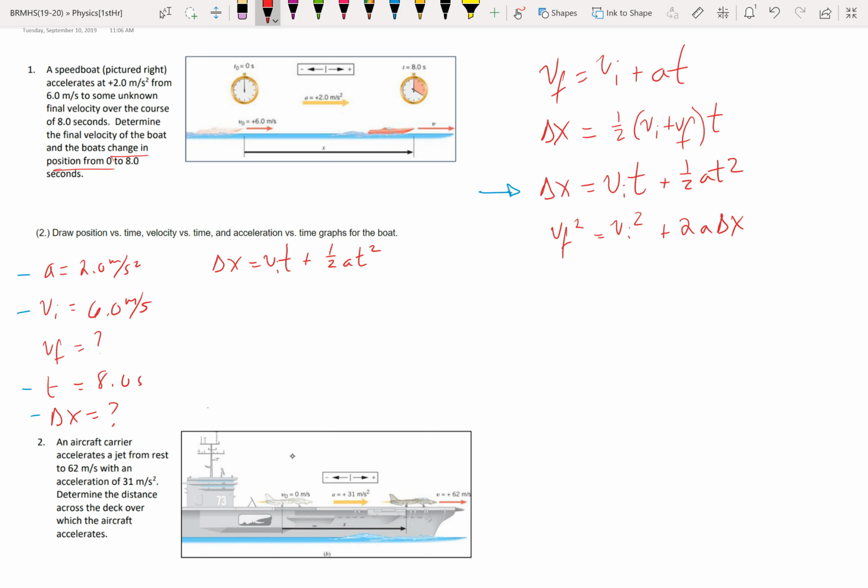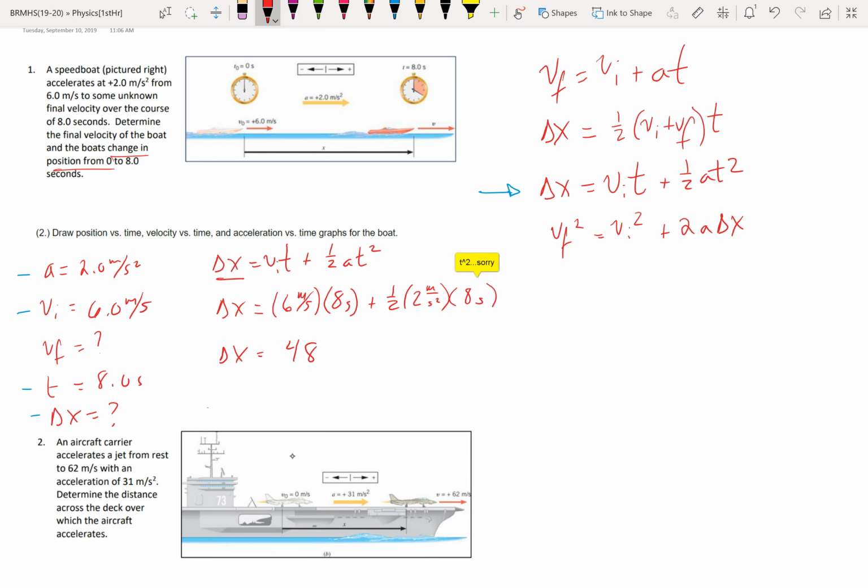What am I solving for? Delta x, so it's already isolated on one side of the equal sign by itself, so I don't need to rearrange it. So I can substitute: initial velocity is 6 meters per second, time is 8 seconds, plus 1/2 times acceleration, 2 meters per second squared, times time squared, 8 seconds squared.